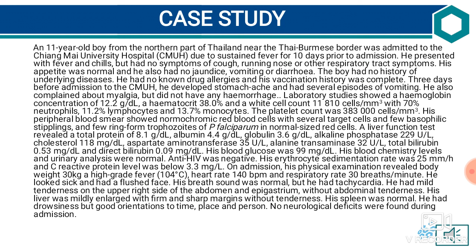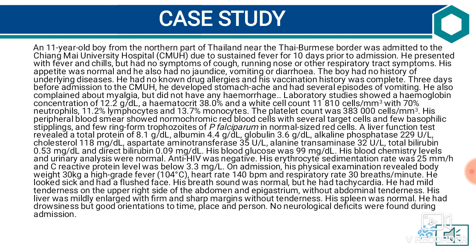Hematocrit is 38%. White cell count 11,810 cells per millimeter, with 70% neutrophils, 11.2% lymphocytes, 13.7% monocytes. The platelet count is 383,000 cells per millimeter.